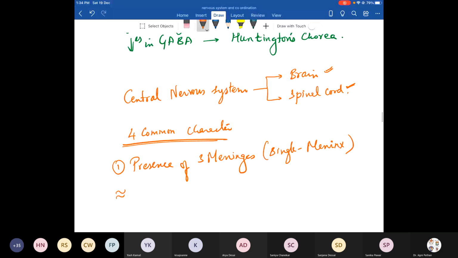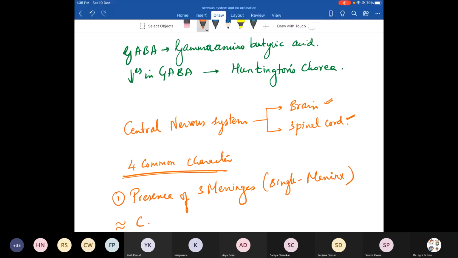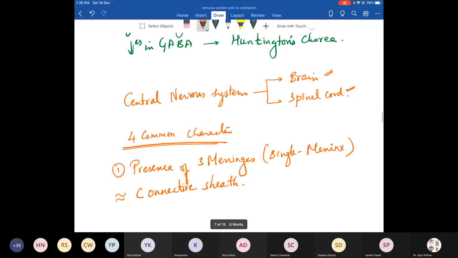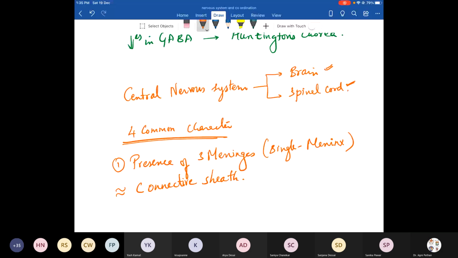It is nothing but a connective sheath. Very important to note, fishes have a single meninx.